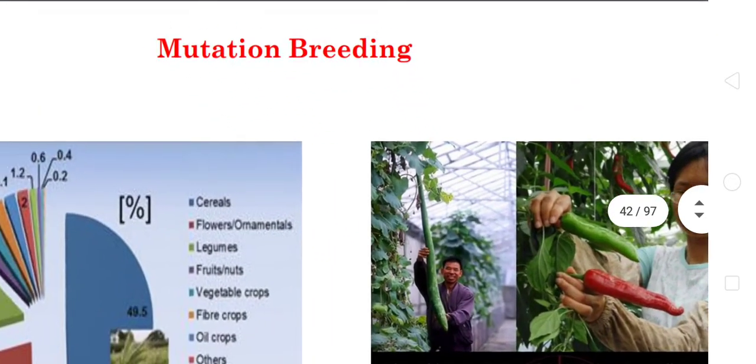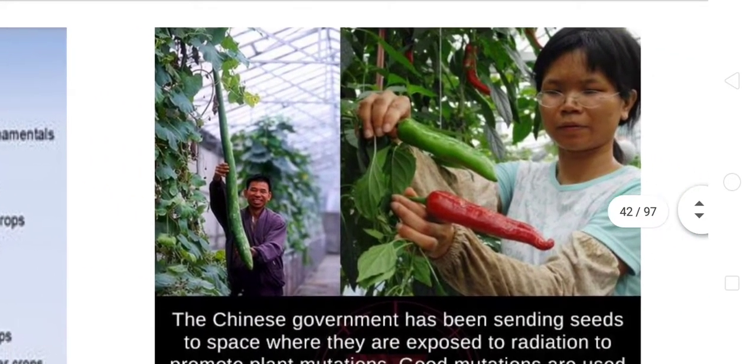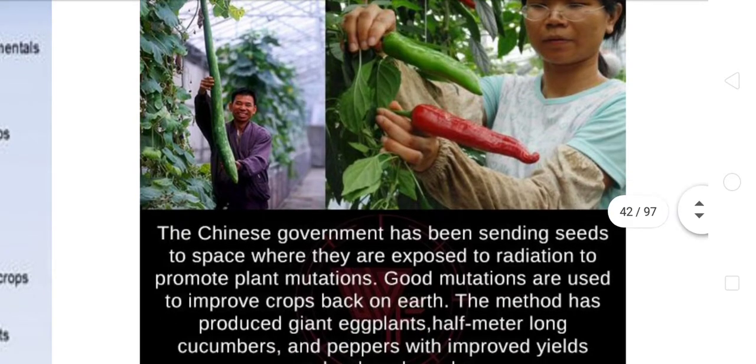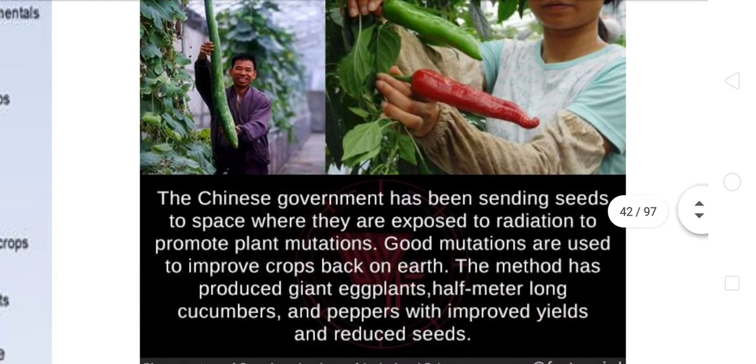And next we are going to see what the mutational breeding results are so far. In China, the government is sending seeds to space for exposure to radiation to promote plant mutation. If the mutation is good, only those seeds come back to the earth and produce yield. For example, eggplant, brinjal, chilies and snapdragon.